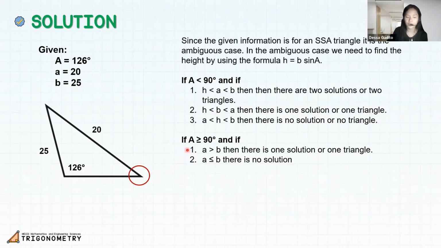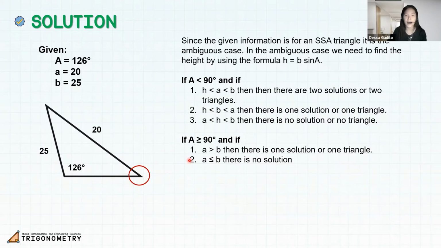So we go through first case one. If a is greater than b, then there is one solution or one triangle. So our a is equal to 20 and our b is equal to 25. Case one must have a greater than b, but our a is less than b, so we need to go through case 2. Case 2 states that if a is less than or equal to b, then there is no solution, or there is no triangle that can be formulated with the given value.